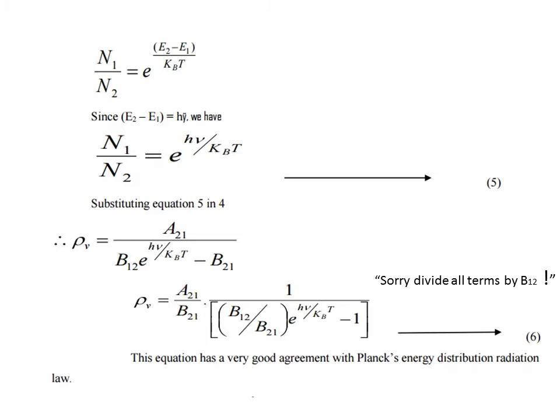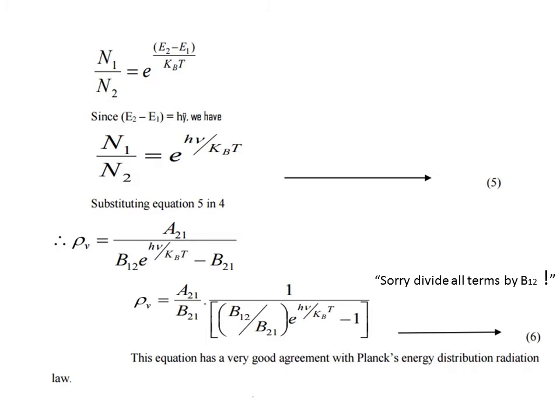The next step is to write this equation for rho similar to the equation given by Planck's law. In Planck's law we have exponential h nu by KT minus 1. So in order to get that minus 1 over here, we will divide all the terms in the equation for rho, which is the equation written right after equation number 5, in the numerator and denominator by B12.